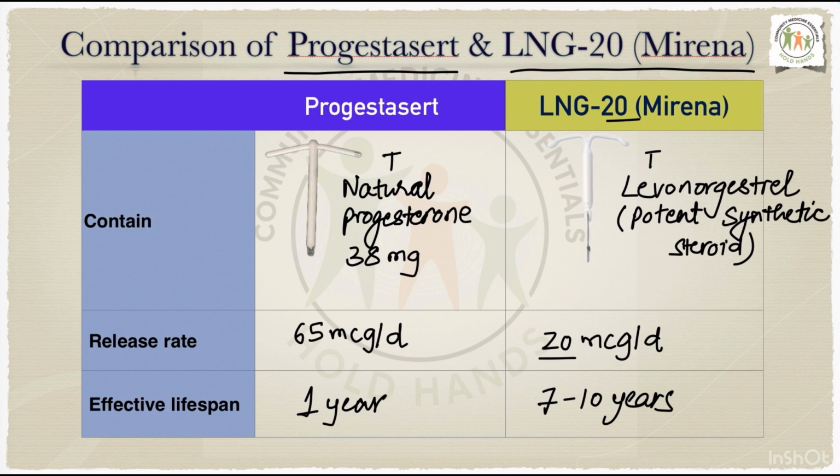Progestasert has lowest expulsion and removal rates among all IUDs, but it has higher risk of ectopic pregnancy.